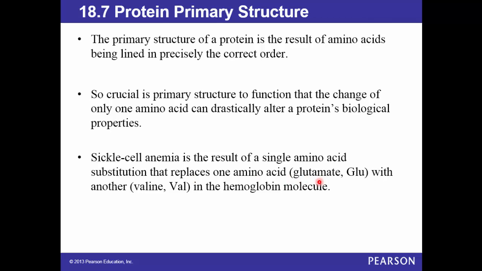We substitute glutamic acid at position 6 with valine at the same position in the hemoglobin molecule, especially in the beta chain, and this will cause sickling of red blood cells and sickle anemia results, because we replace glutamate, a polar amino acid on the surface, with valine, which is non-polar on the surface, and this will cause sickling of red blood cells. Thank you.